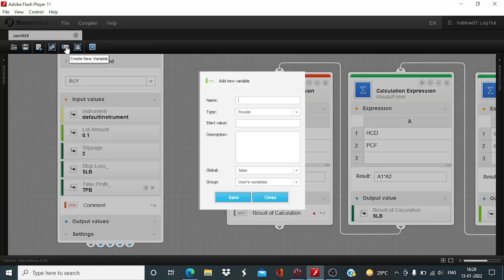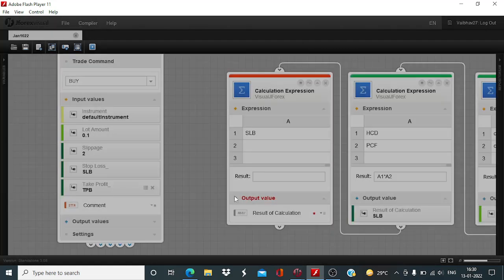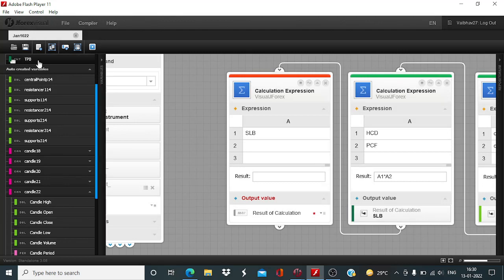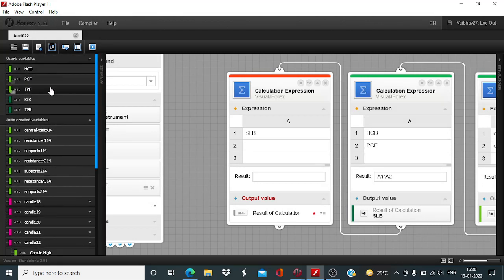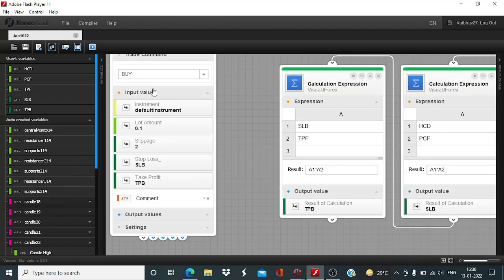And multiply it with 2. Okay, so this is going to be A1 into A2, and this output value will be assigned to this variable target price.